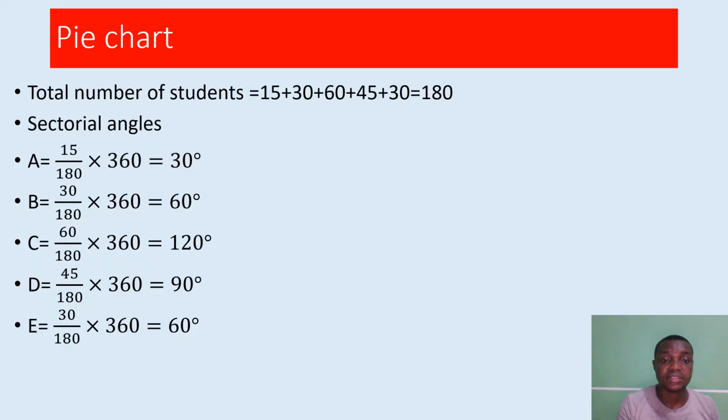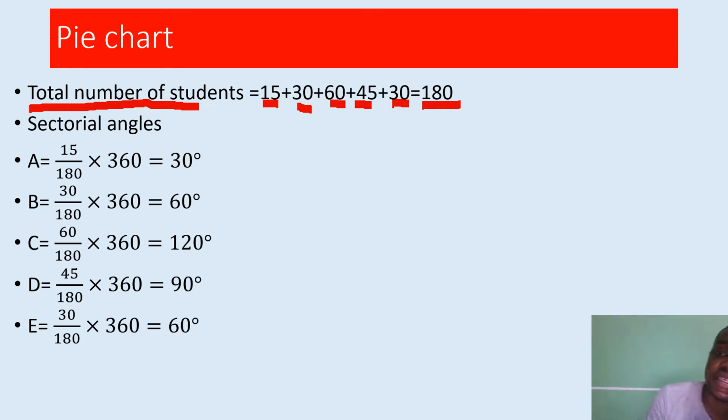Okay, let's start. To draw a pie chart, you need to sum all the frequencies, all the number of students. So we have 15 plus 30 plus 60 plus 45 plus 30. It will give us 180.